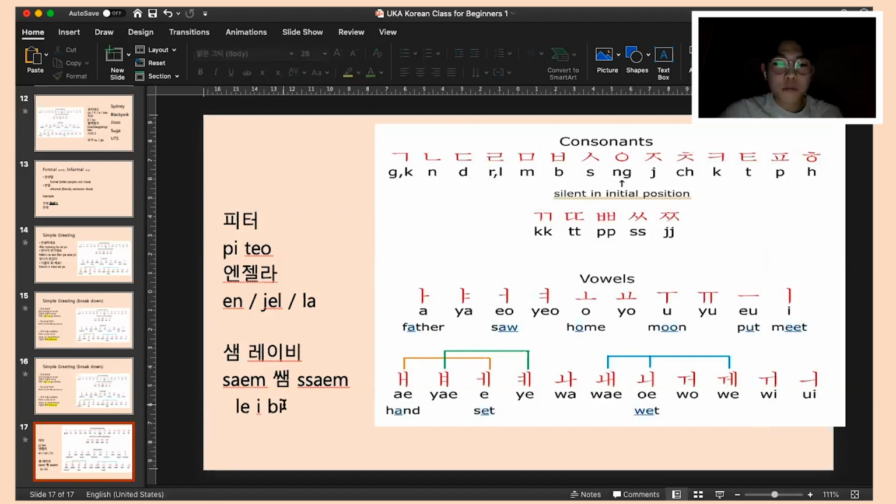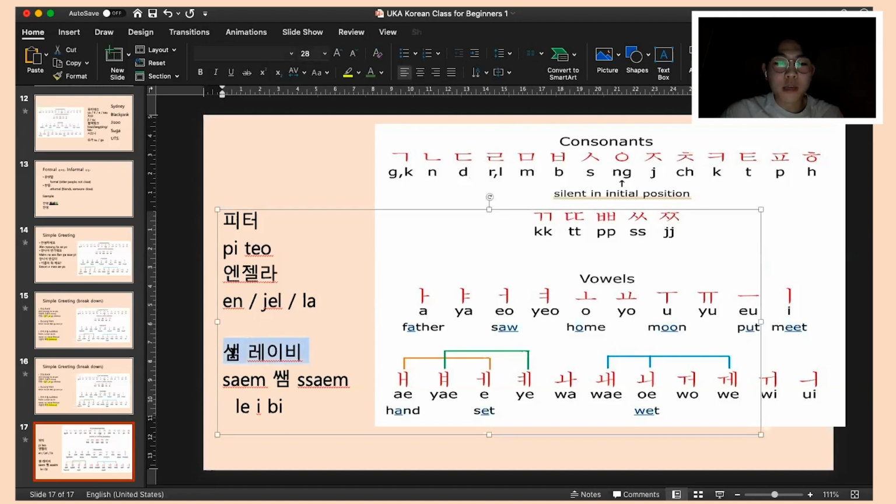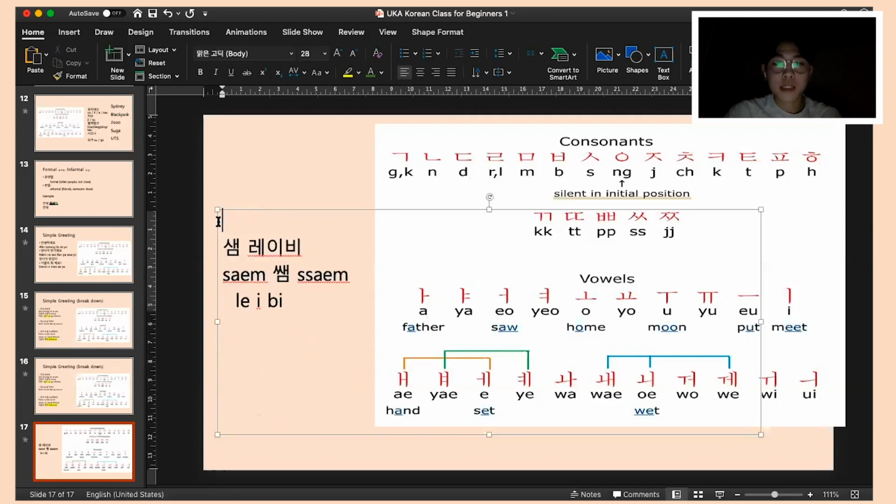So that would be how you write your name, Sam Raby. As I said before, R and L is considered the same in Korean. So it's basically right in the middle. 레, 이, 비. Sam, 레, 이, 비. Okay. Last name.